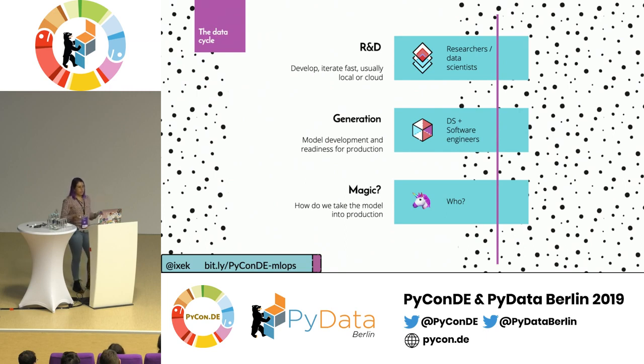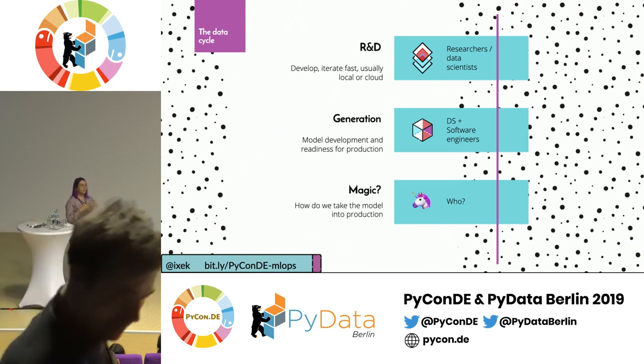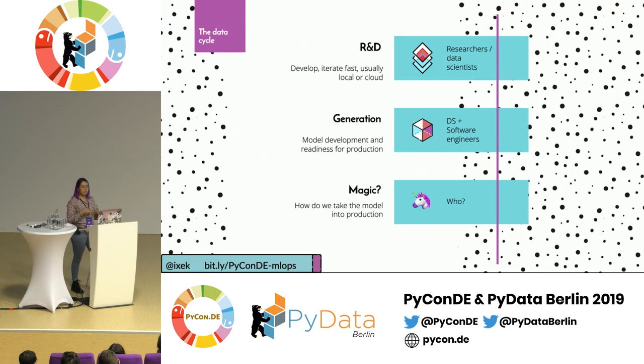So how do we actually get into here? Normally, if you work as a data scientist, you will start by doing some research and development. This is a very iterative, fast development process where you'll try different approaches or different models to get to something that you can then process as something consumable.